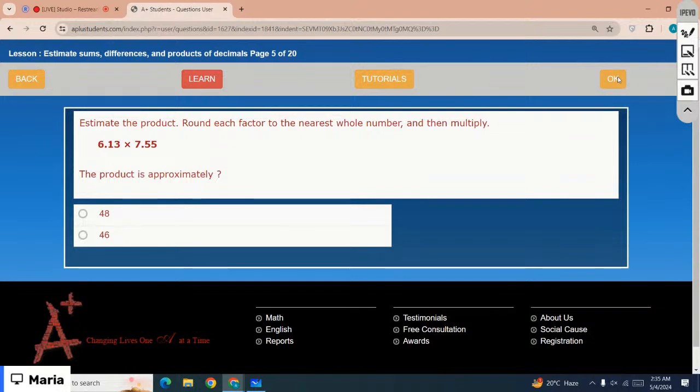Estimate the product. Round each factor to the nearest whole number and then multiply.